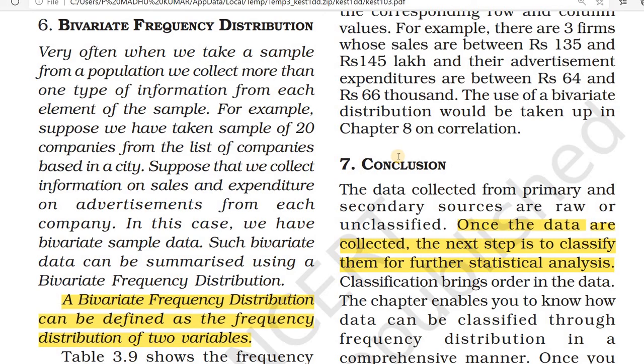A bivariate frequency distribution can be defined as a frequency distribution with two variables. With a single variable we call it a univariate distribution, and if it is two variables then we call it a bivariate distribution.